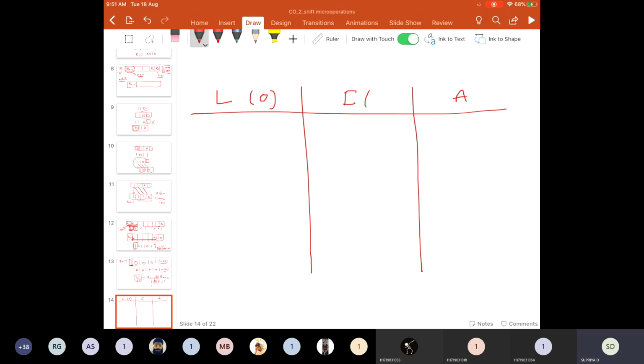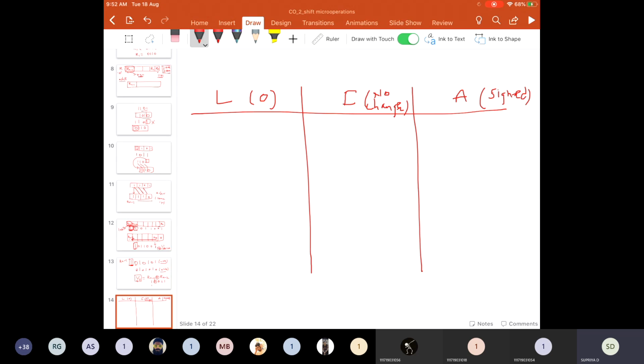Whereas the circular shift operations will not add any new bits and will not discard any bits. Whereas arithmetic shift operations can be performed whenever you want to move the bits left or right of signed numbers. This is applied for signed numbers.